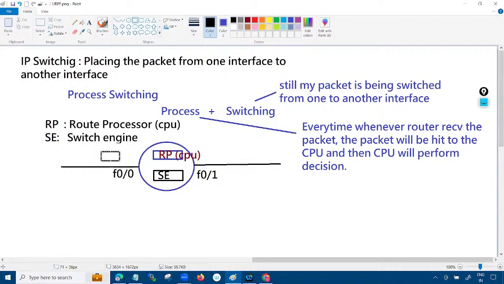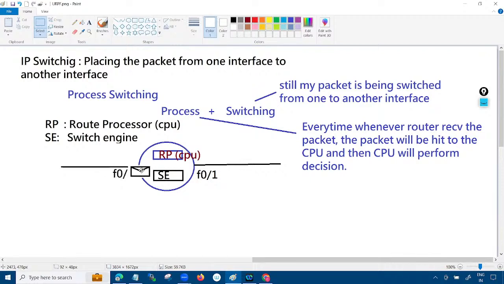When the router receives this packet on this particular interface, what will the router do?